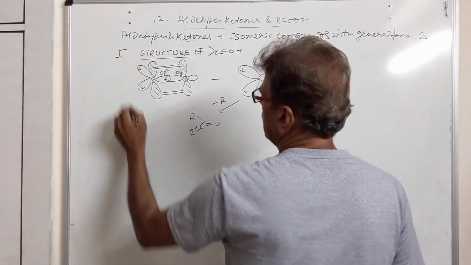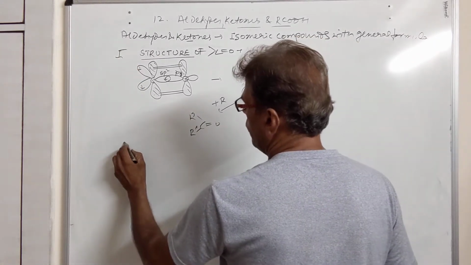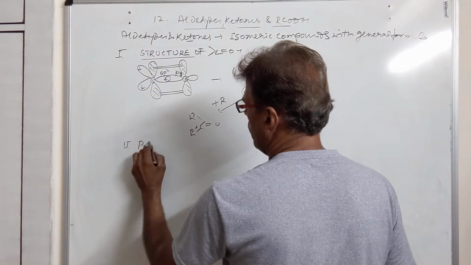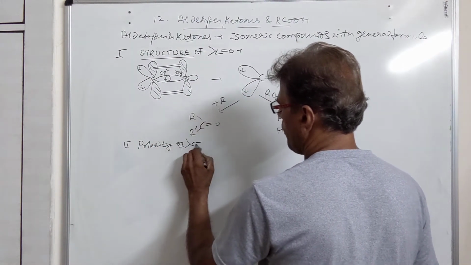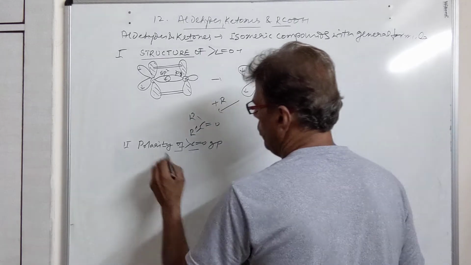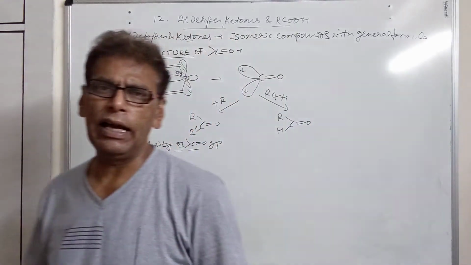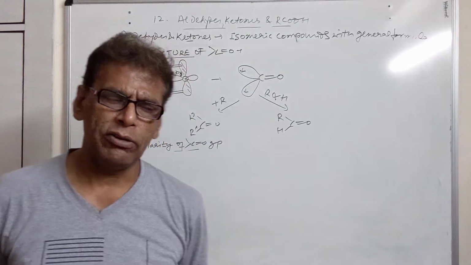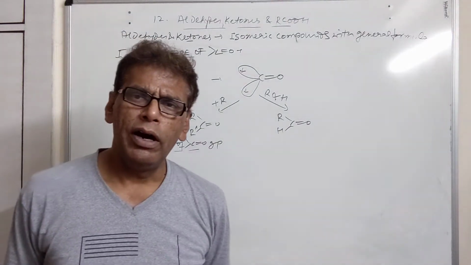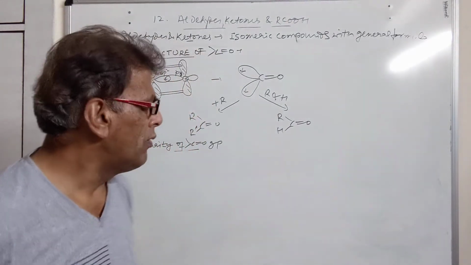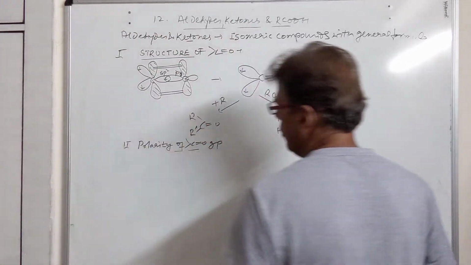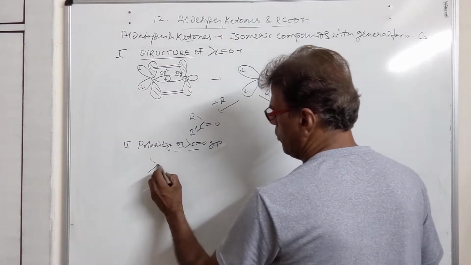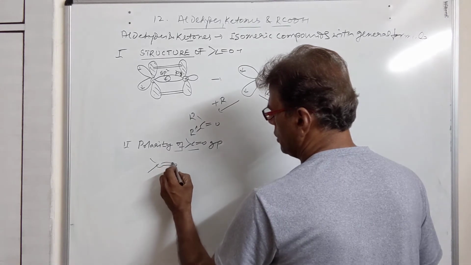After the structure of the carbonyl group, we look at its polarity. As we know, oxygen is among the most electronegative elements of the whole periodic table. So whenever it forms a bond with carbon, it will definitely try to attract the electrons of the pi bond as well as the sigma bond towards its side.